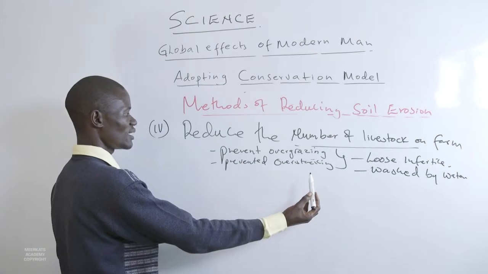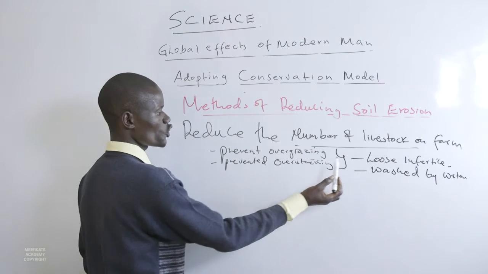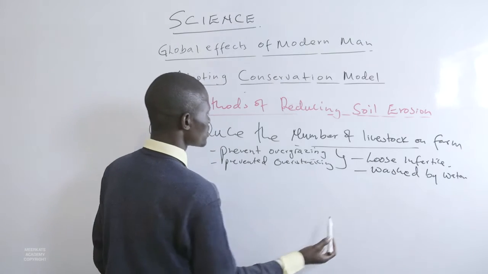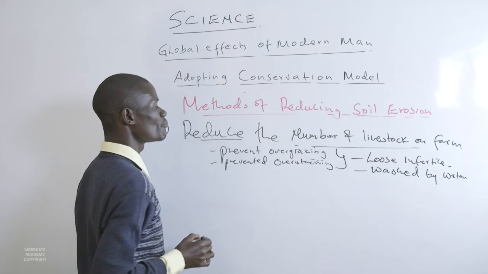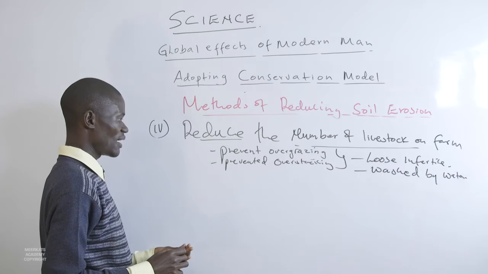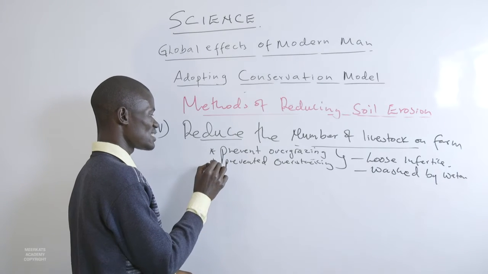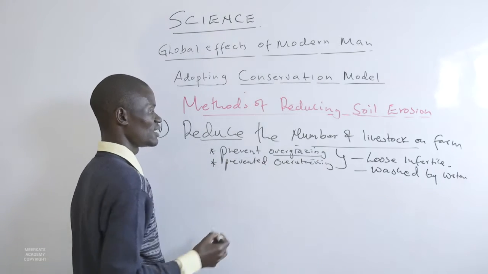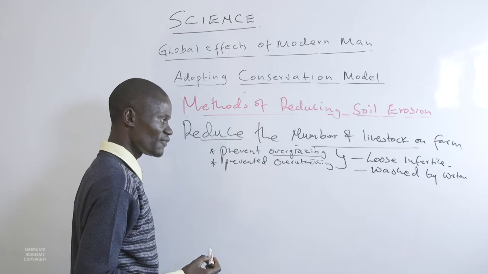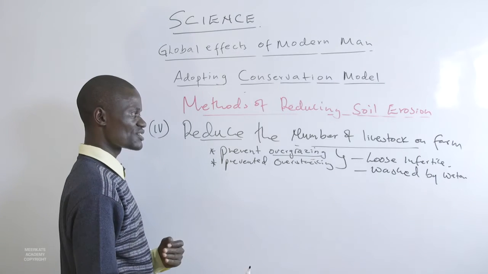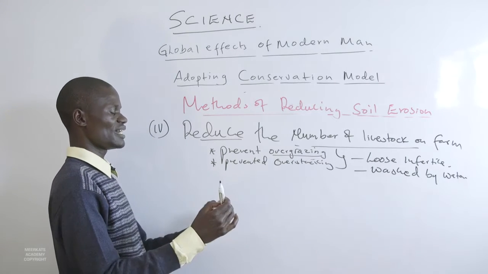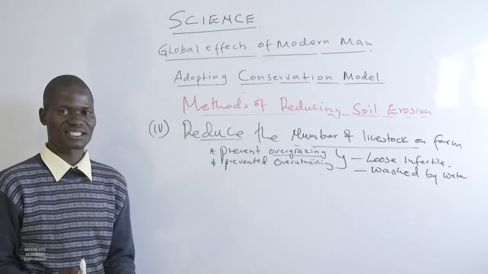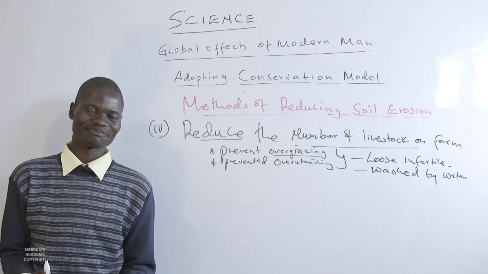When this rainwater comes and finds the soil is very loose, it can easily be washed away. Therefore, when we monitor the number of livestock on the farm, we are preventing overgrazing of the land, and therefore we are matching the number of livestock with the carrying capacity of the farm.